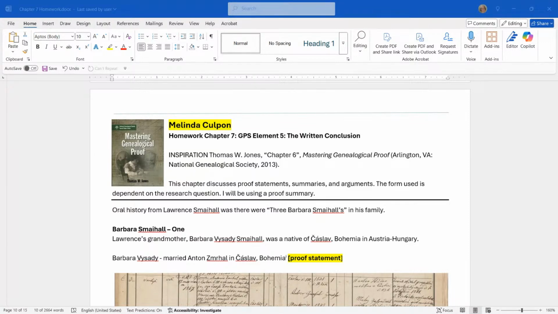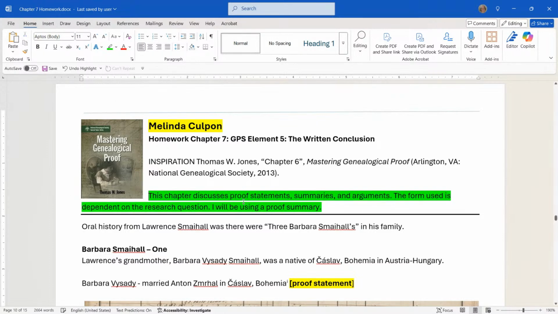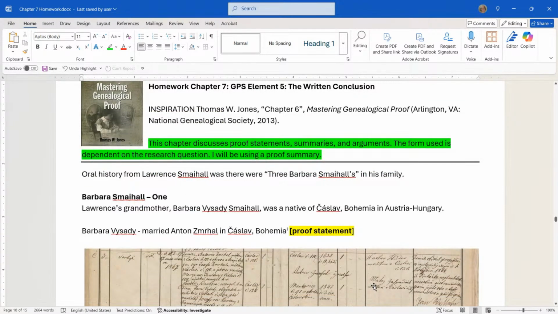I don't know if you saw that I put a statement up at the top that said what the chapter was about and that I was going to be doing a summary.